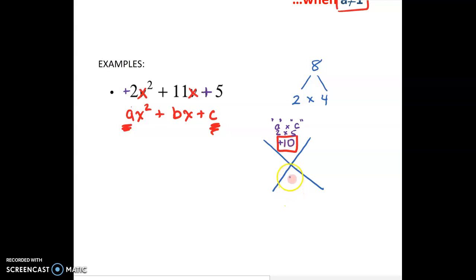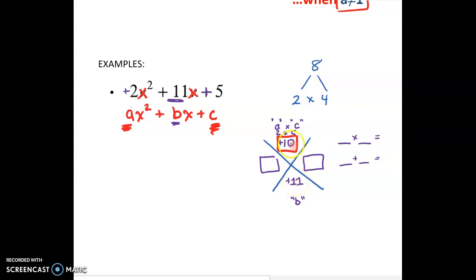Well, the bottom of the x method is the same. It's still going to be our b, meaning this value here, so that's going to be a positive 11. Then the sides of our x are the same method we used last time, where these 2 values are going to be multiplied together to get the top of your x method, and the same 2 values are going to add to your bottom number.